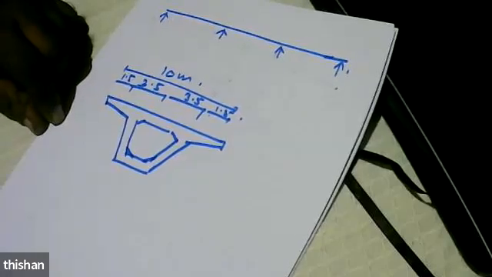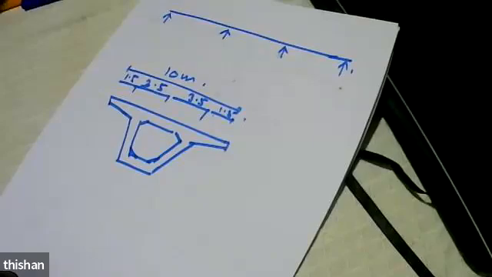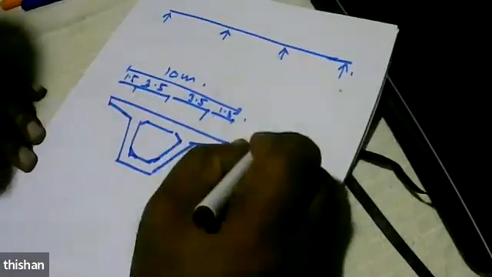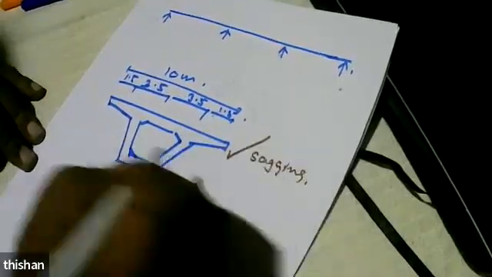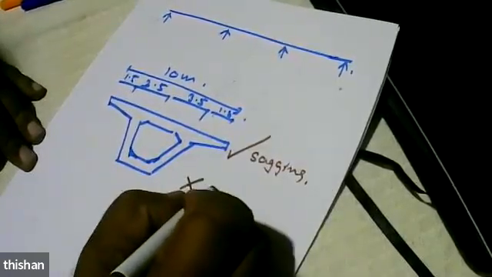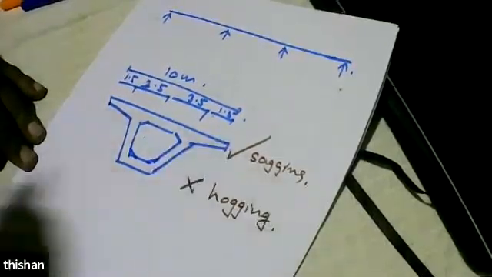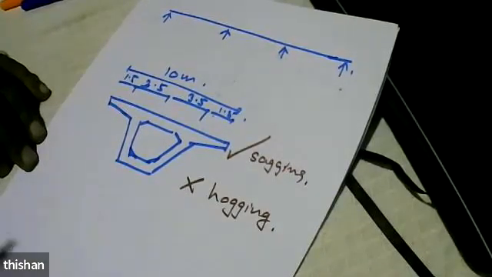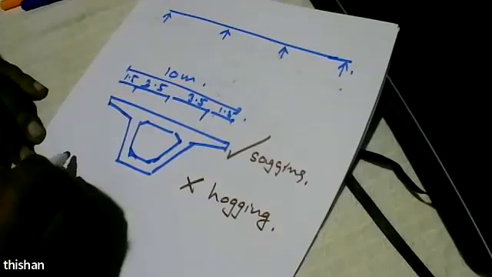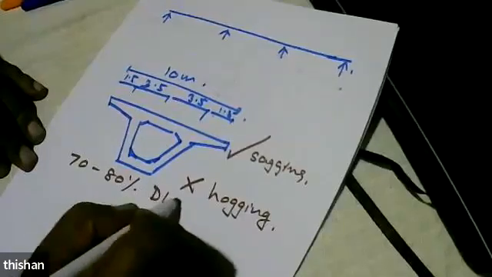So we have a section. And this section is very good with hogging, but it has a small bottom flange, so it's not good with sagging. So we have very good reason to reduce the moment by using secondary moments, and we can go up to about 70 to 80% of dead load moments.